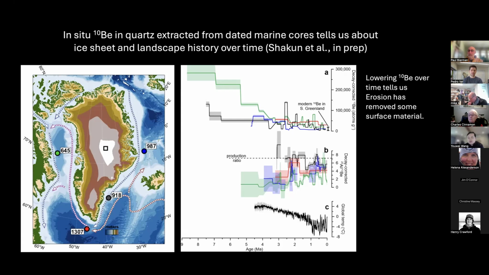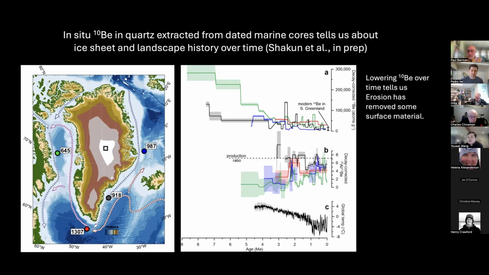As you get back in time, any error in that dating is magnified in the decay correction, because you've got a 1.4 million year half-life for beryllium-10 and 700,000 for aluminum-26. So once you're out several half-lives, the uncertainty on those decay corrected ages grows.